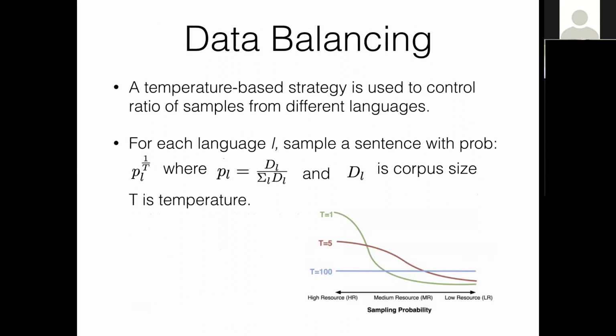If T is equal to 1, it means you are just doing naive sampling from the original data distribution, where you tend to get more samples from the high resource languages, but it will starve the low resource languages. At the other extreme, where T is, let's say, 100, it is going to sample approximately an equal number of data points for each language. Most models have used T equal to 5, which is an optimal number and is a hyperparameter here.